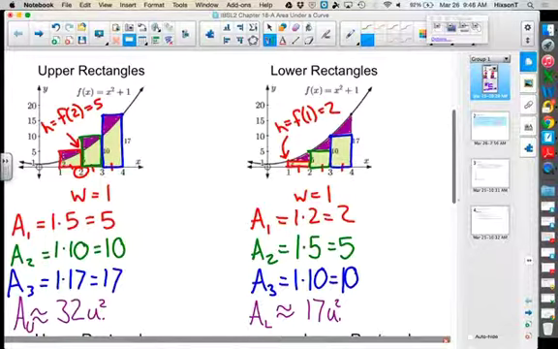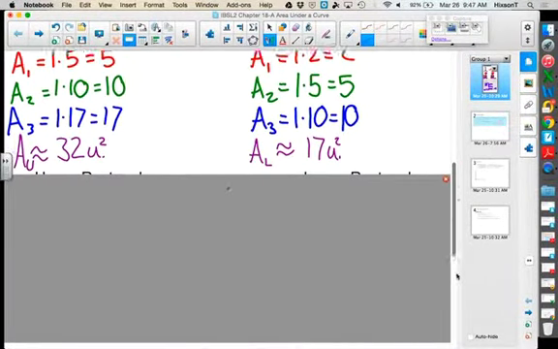And that actually is a great idea. Really what you're doing is you're averaging the upper and lowers. You're finding the mean between the upper and lower. That actually will give you the same thing that you would get using another method that people use.